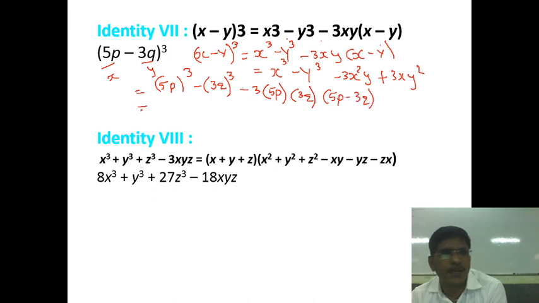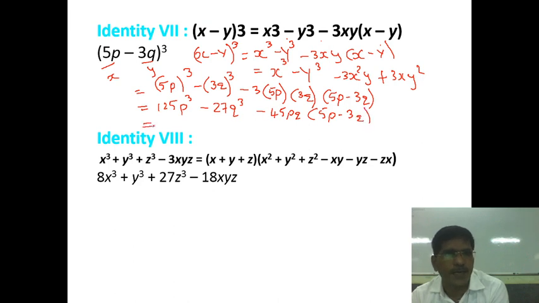Now if you open the bracket, 5 cube, that is 125p cube, 3 cube, that is 27q cube. First I have to multiply 5 threes are 15, 15 threes are 45 p cube, and in bracket I have 5p minus 3q.